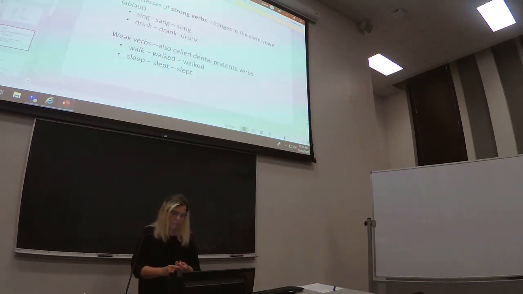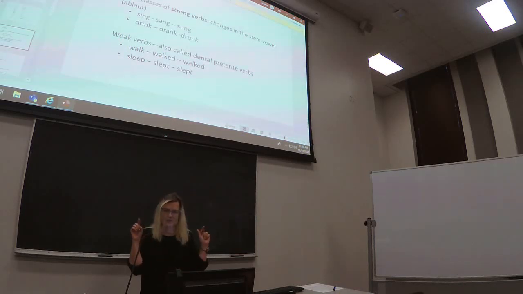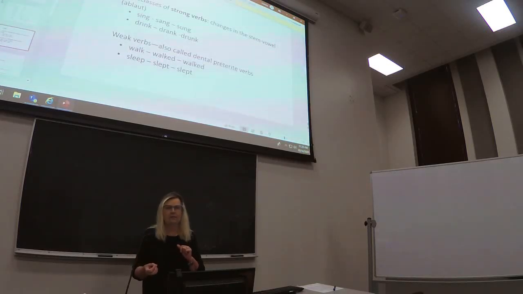Now, Old English also had these weak verbs. Remember, in Germanic, the dental preterite verbs were added, and these are our so-called regular verbs. In present-day English, in writing, regular verbs have ed in the past tense form, and their past participle form also has ed, like walk, walked, walked.